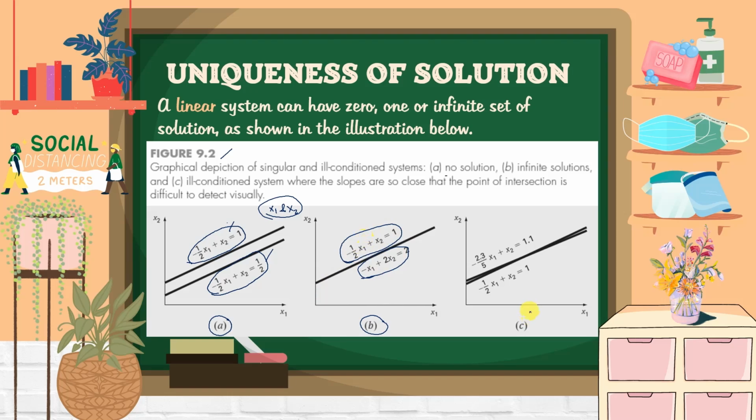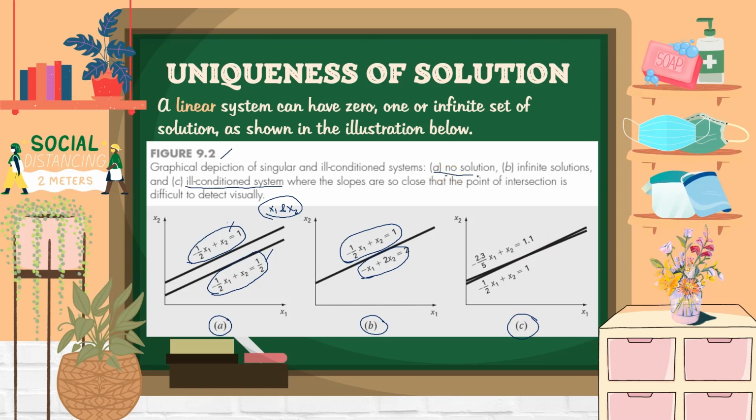For our 9.2c, both types of systems, B and C, are said to be singular. In addition, systems that are very close to being singular, as shown in 9.2c, can also cause problems, and these systems are said to be ill-conditioned systems.